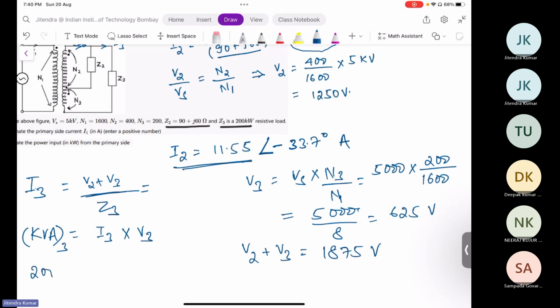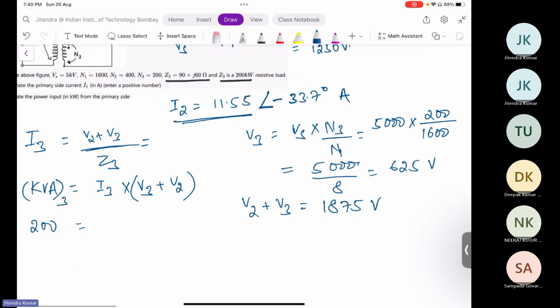KVA3 is 200, which is equal to V2 plus V3 into I3, so 1875 into I3. I3 is 106.66 ampere. Could you please repeat? 106.66.